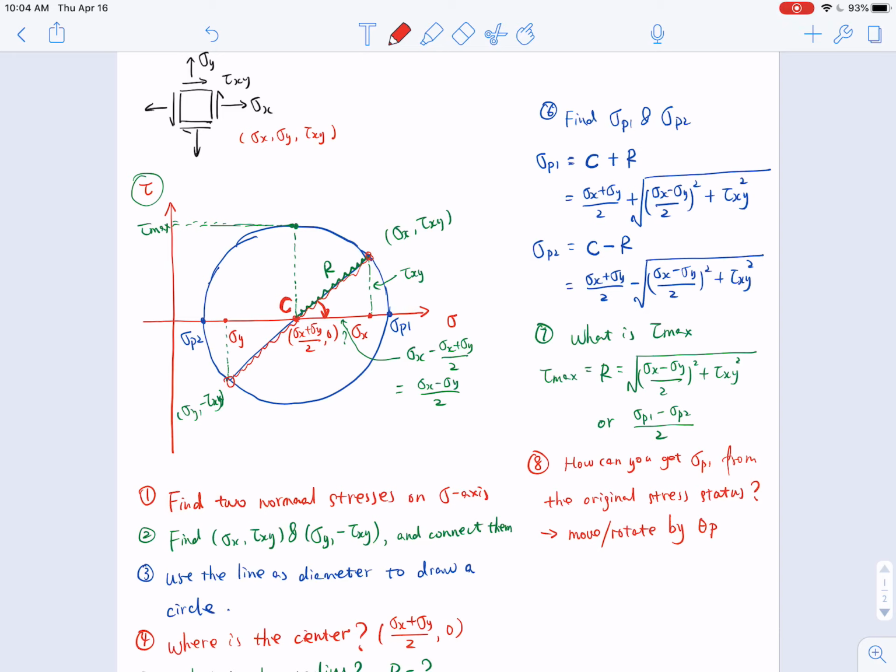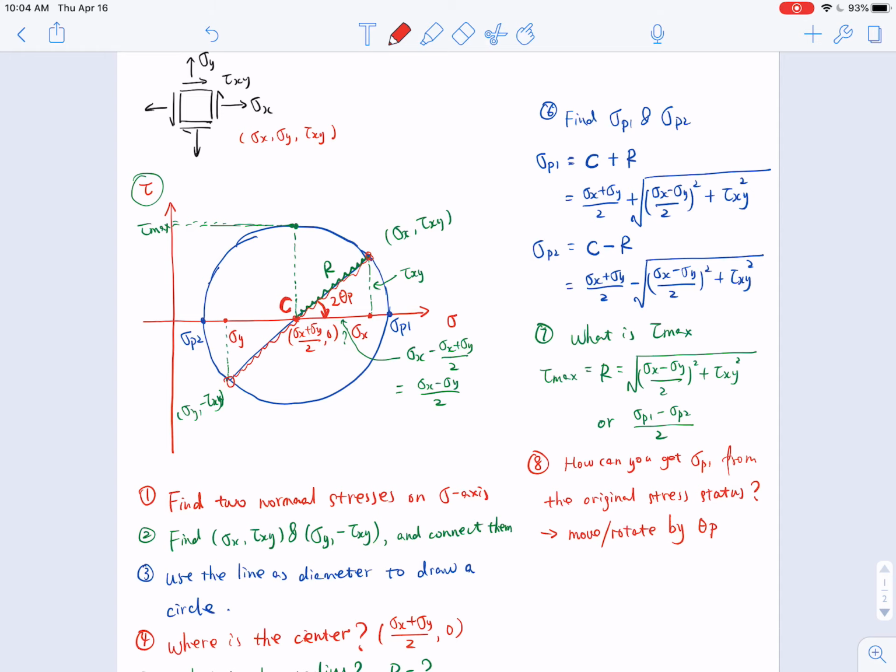This movement means that you rotated it by theta p, but the value of this angle is actually 2 times theta p. On the real element, you rotate it by theta p, but on the Mohr circle, you rotate it by 2 times theta p.